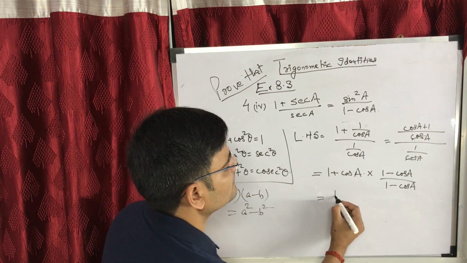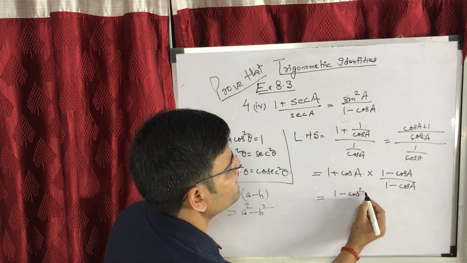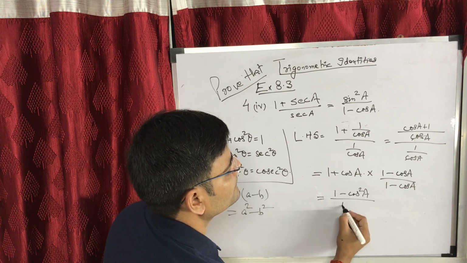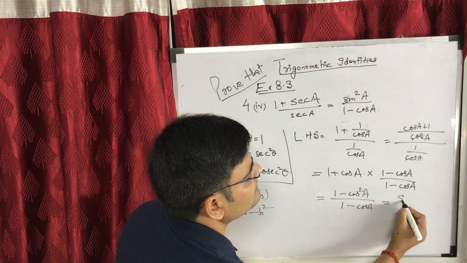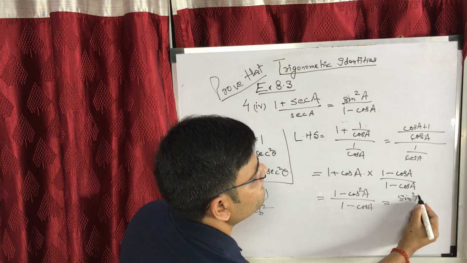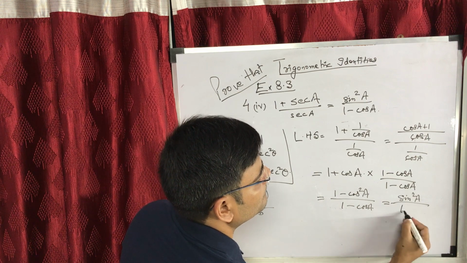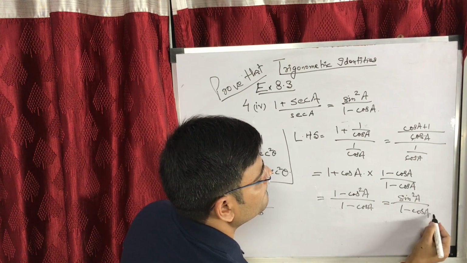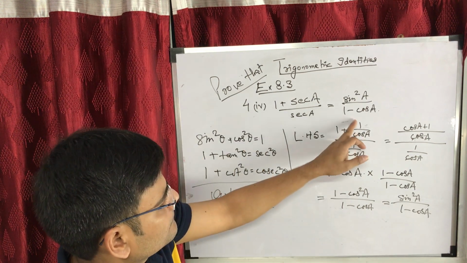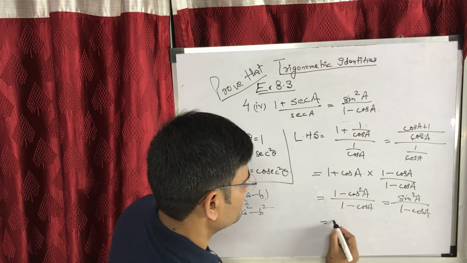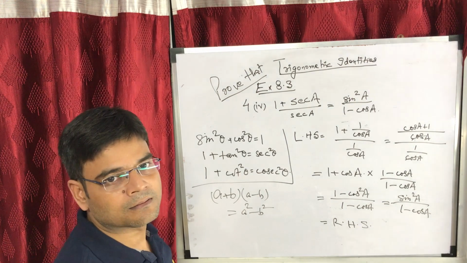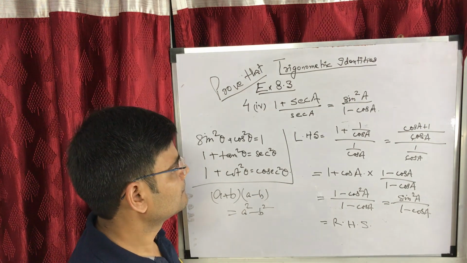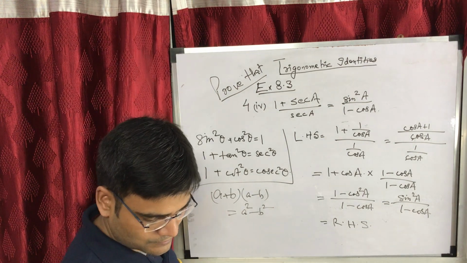So this becomes 1 square minus cos square A by 1 minus cos A, and that is nothing but sine square A by 1 minus cos A. So that is equal to RHS. I hope this is clear. Let's move on to the next one.